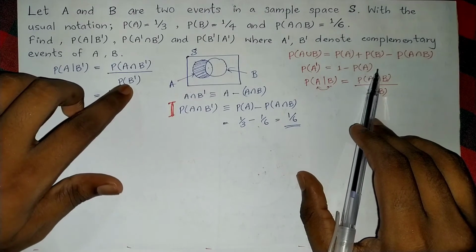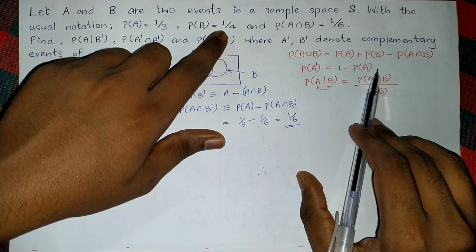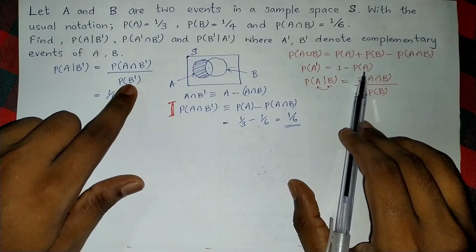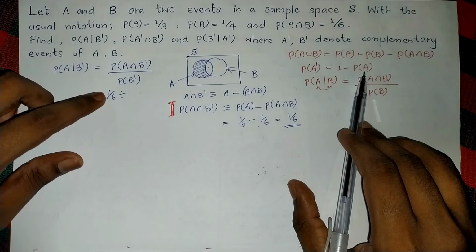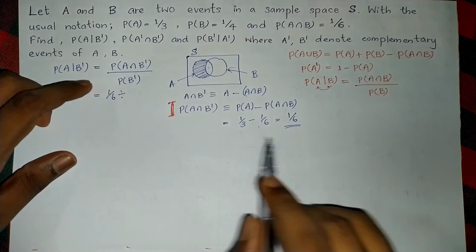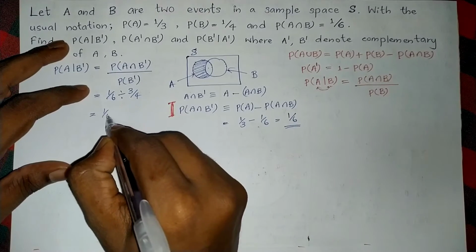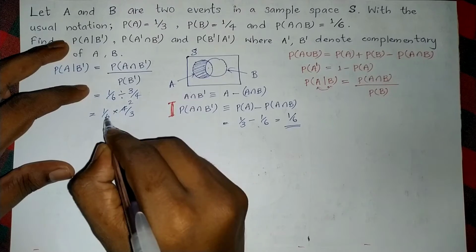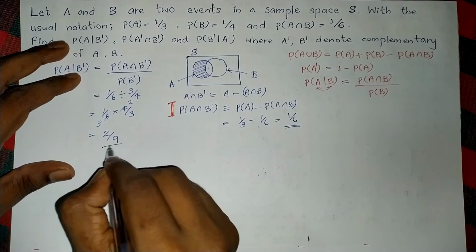So probability of event B is 1/4. Probability of the complement of that event is 1 minus 1/4, which is 3/4. So I have to divide this by 3/4. Then it is 2/9.